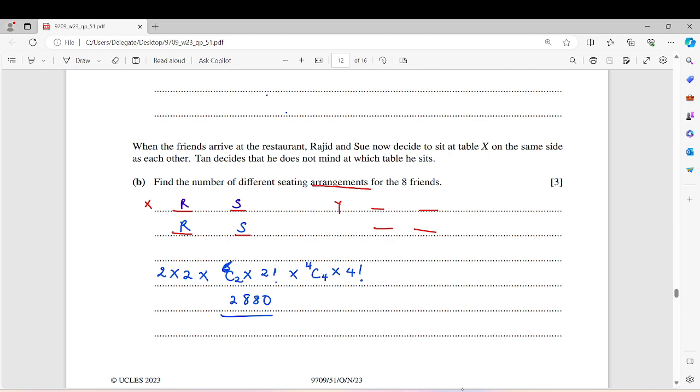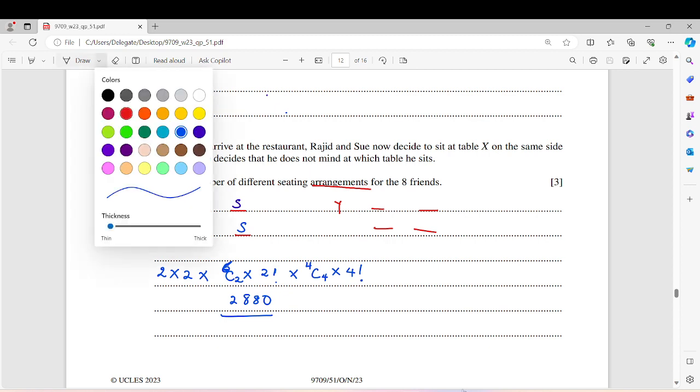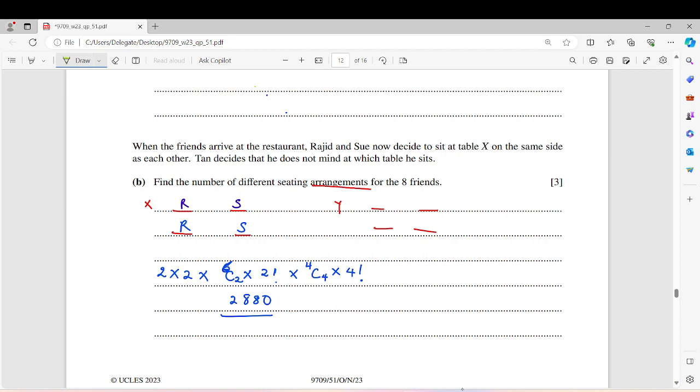So now this time, on table X, we are told that Rajid and Sue decide to sit on one side. Either they can sit on this side here, or they can sit on this side. That's where I have 2 possibilities.